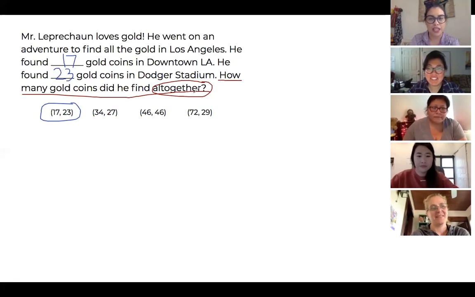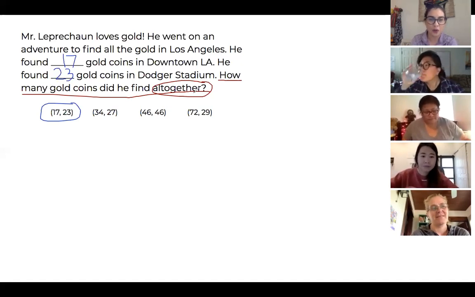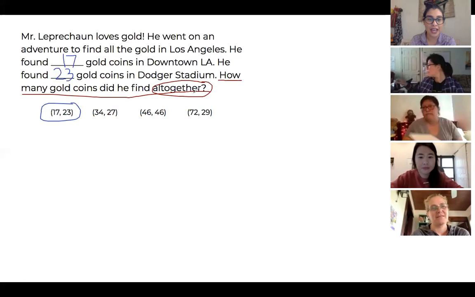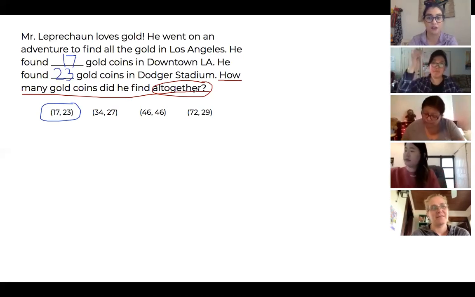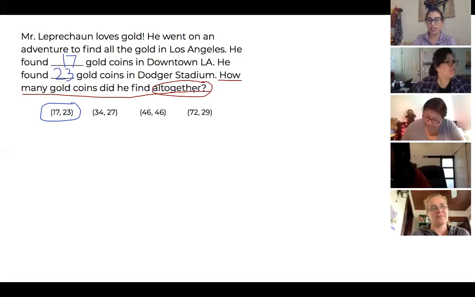I'm going to give us some think time to think of a strategy we can use to solve this problem. So boys and girls at home, you can pause the video right now and think of how and plan what strategy you will be using to solve the problem. Give us some think time.